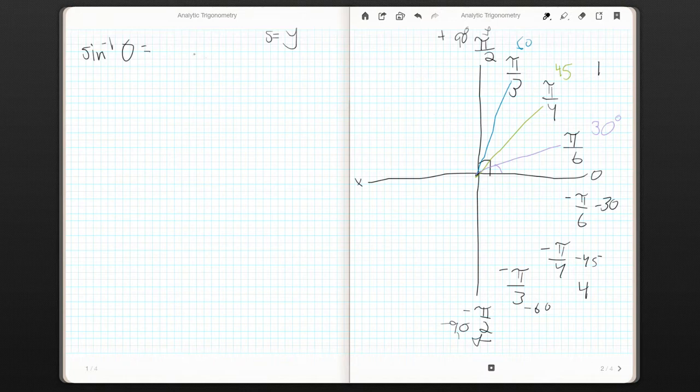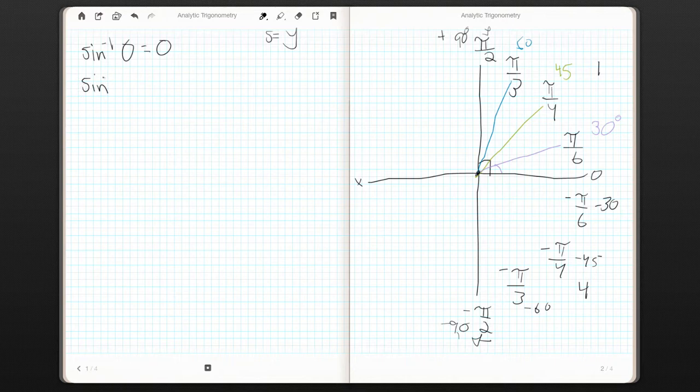So if it says the inverse of sine 0, well, we just look at the 0 point right here, and we move it all the way over here, and we'll see that it's 0. So that may have not made sense, but if you just bear with me here, we keep going, you can see the pattern that begins to unfold.